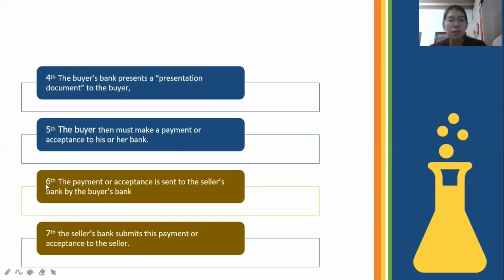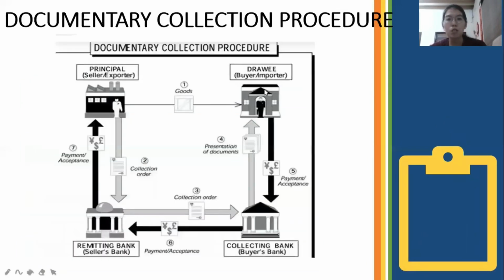Then the next step is the payment or acceptance is sent to the seller's bank by the buyer's bank. And the last step is the seller's bank submits the payment or acceptance to the seller. This 7 step is the documentary collection procedure.